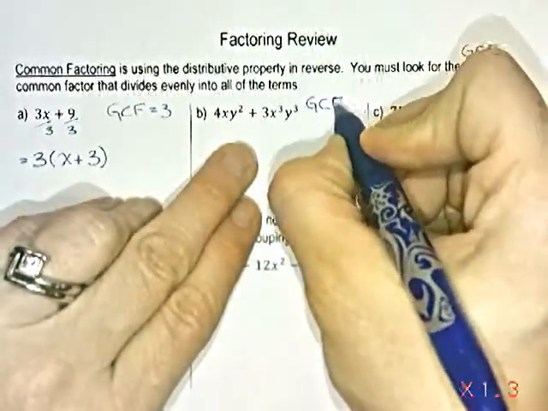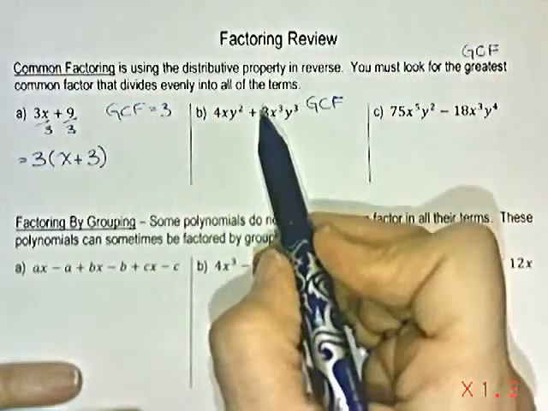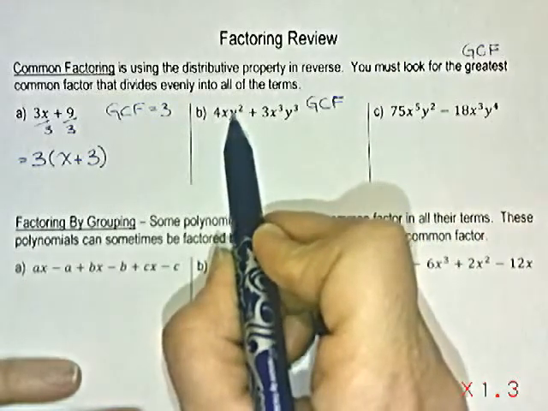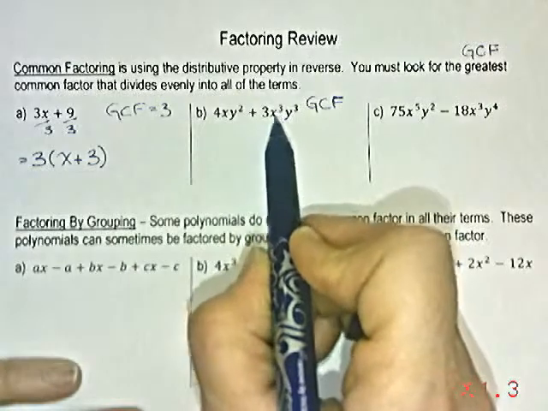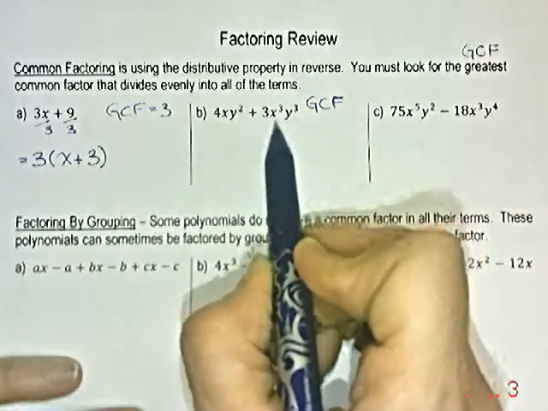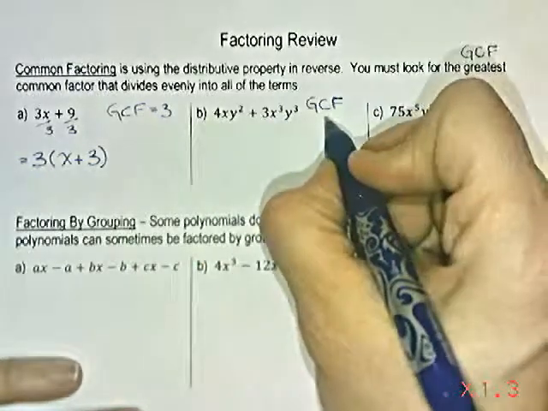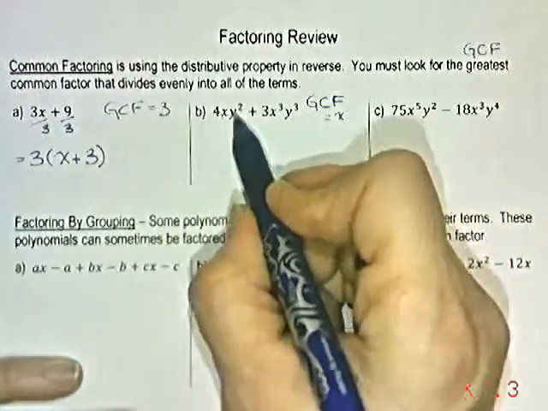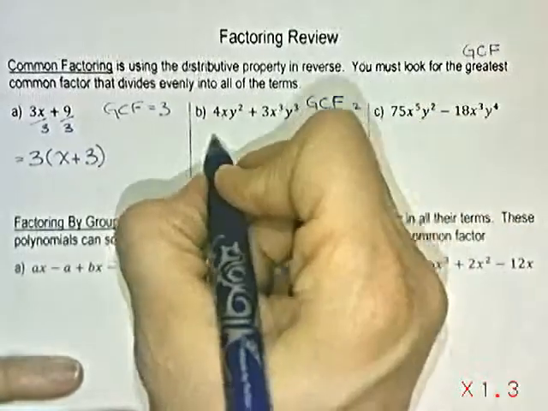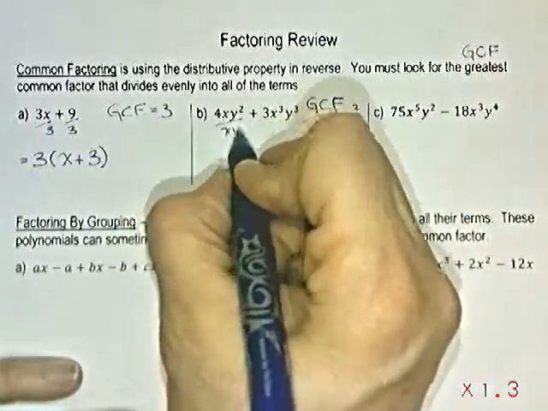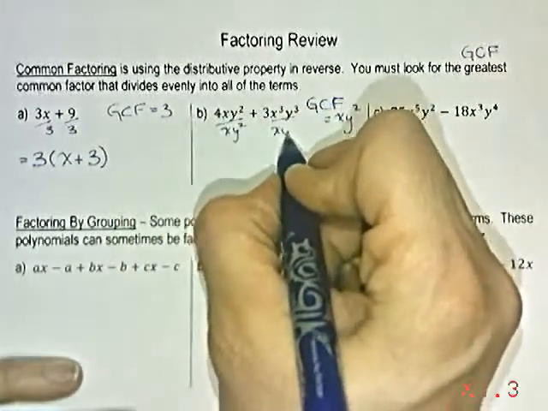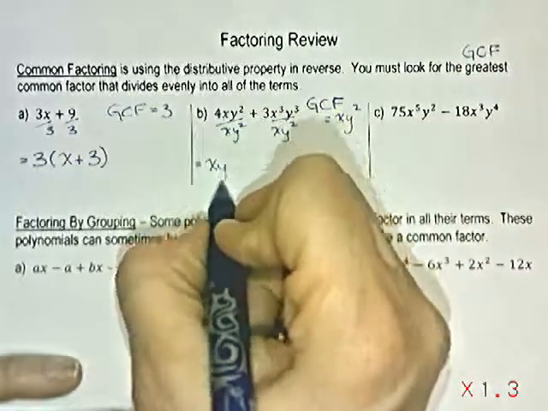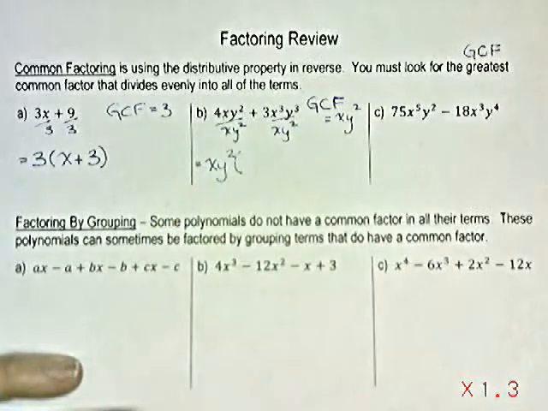The greatest common factor between these two terms, well, I don't have factors between my coefficients, but this has an x times a y, and here I have 3 x's multiplying by 3 y's, so what could I divide out of each? Well, I could certainly divide that single x out of both of them, and I could divide 2 y's out of both of them. And I actually encourage you to show it as a division, and then you don't lose track of what it is that's still staying and what's going out of each of those terms.